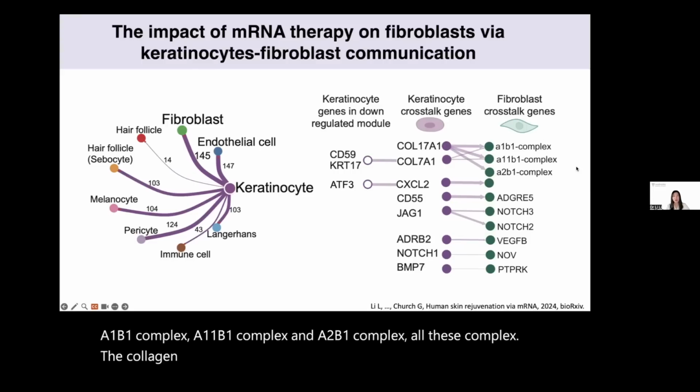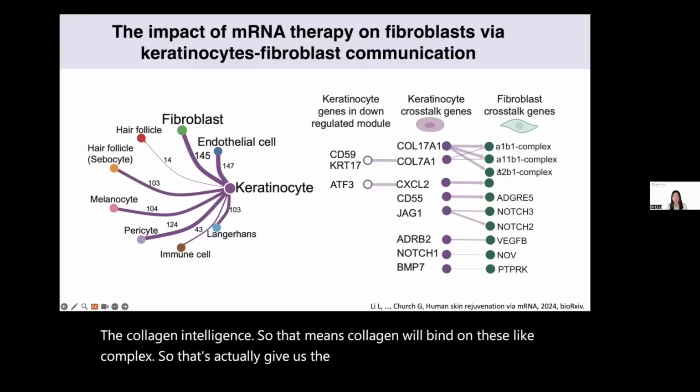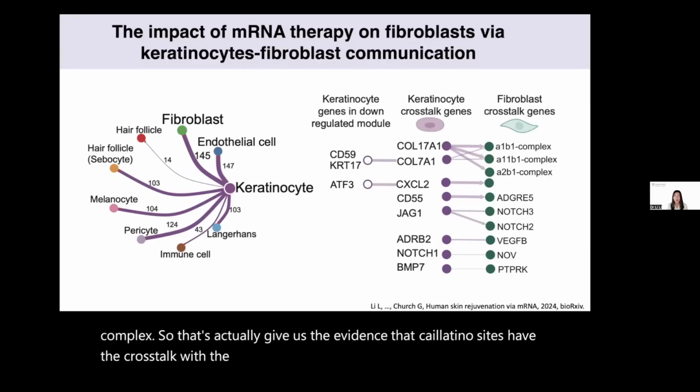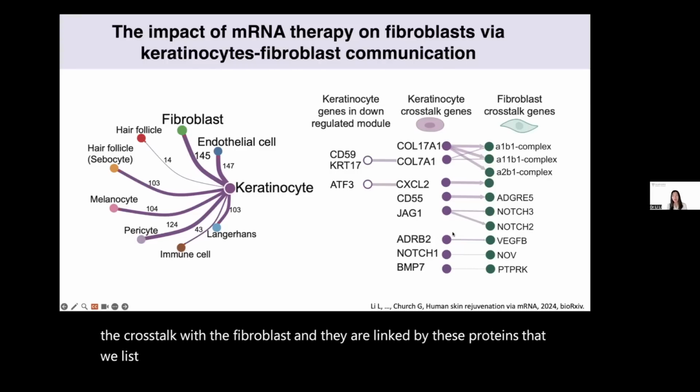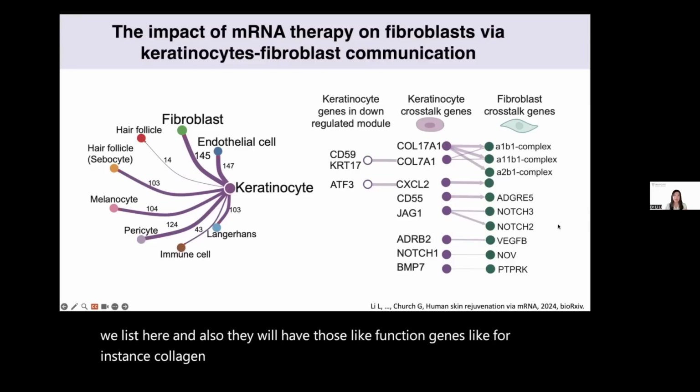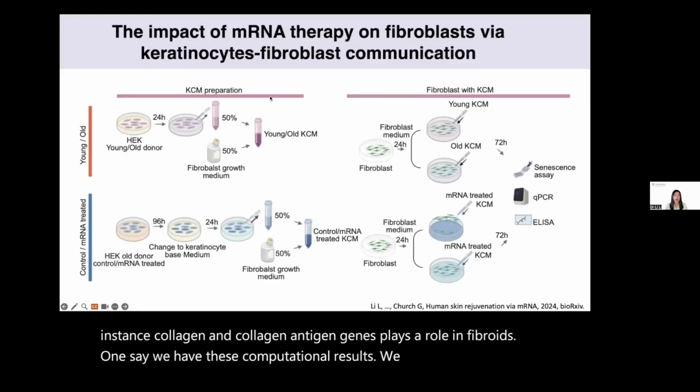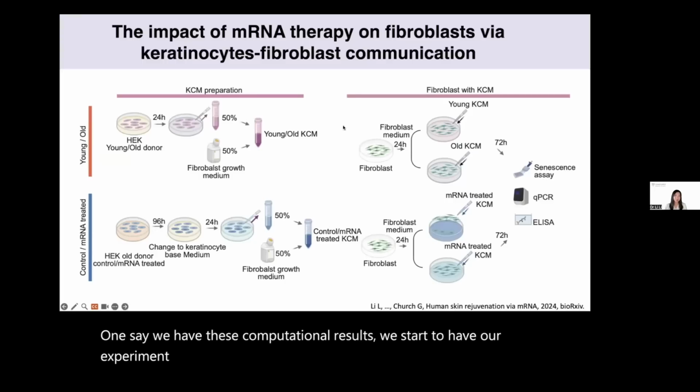So that means collagen will bind on these complexes. So that actually gives us the evidence that keratinocytes have the crosstalk with the fibroblast, and they are linked by these secreted proteins that we list here. And also they will have those function genes, for instance, collagens and collagen integrin genes play the role in fibroblast. Once we have these computational results, we start to have our experiment to validate that.